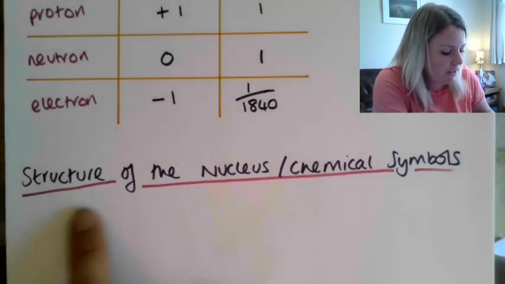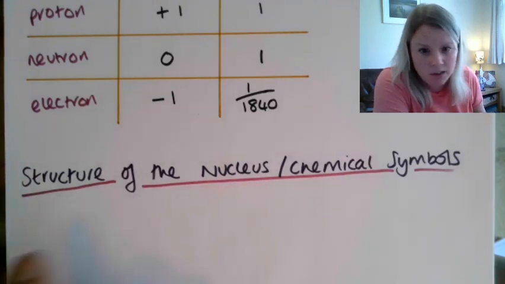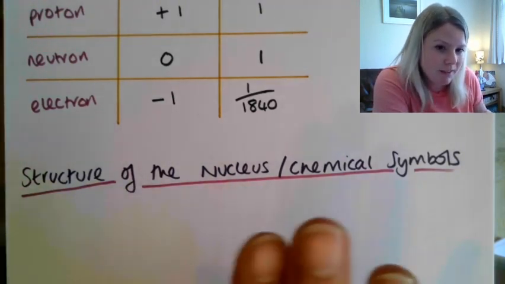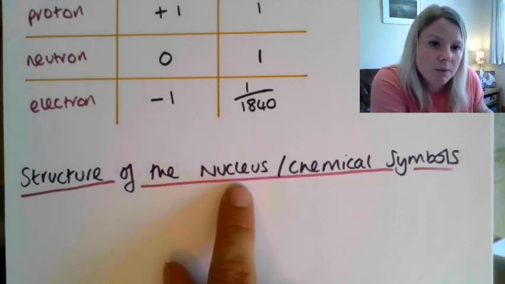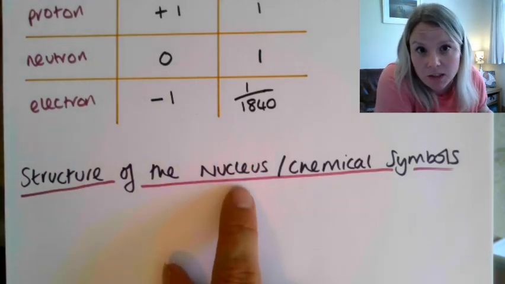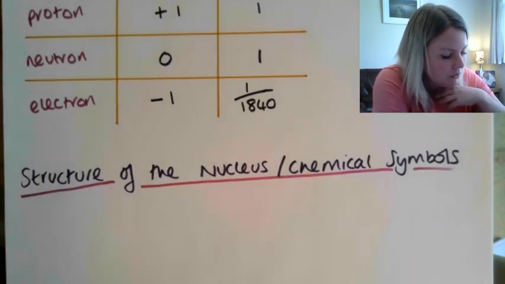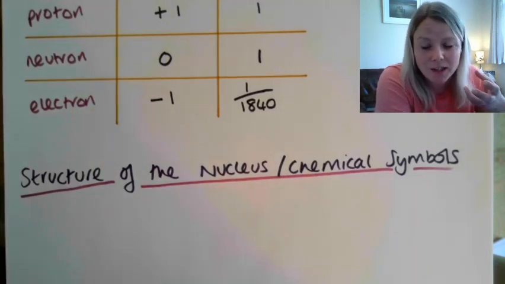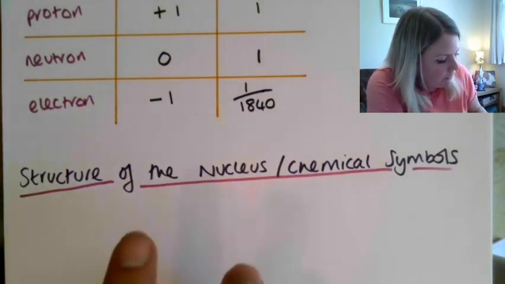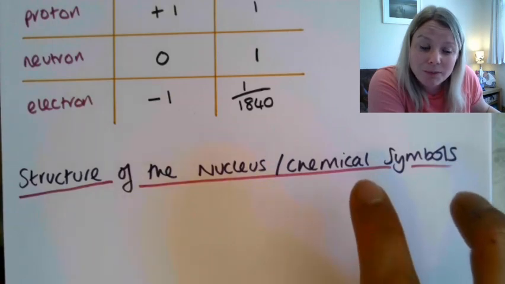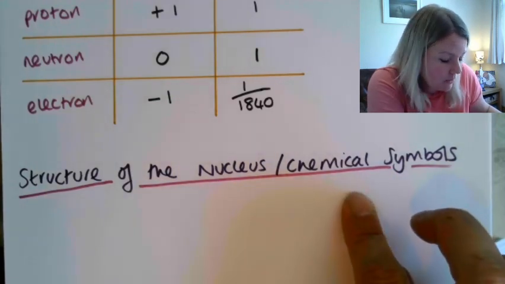Okay, so the next little thing I have given the title, Structure of the Nucleus and Chemical Symbols. The reason that I've focused on nucleus is because whenever we're talking about radioactivity, which is what eventually this is going to lead on to, it's really everything in the nucleus that we care about rather than the whole atom itself. Now chemical symbols, again, you'll be familiar with those from chemistry.